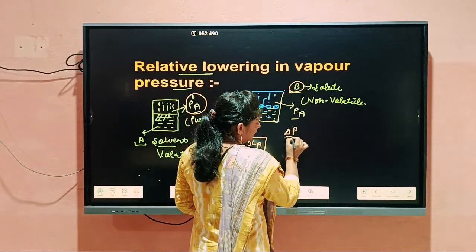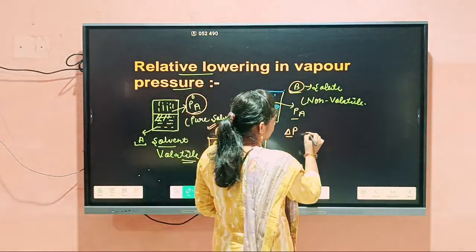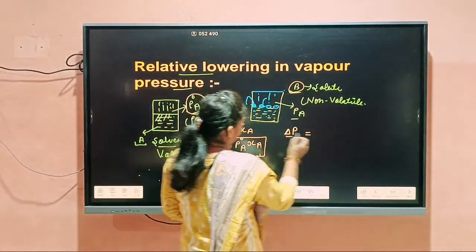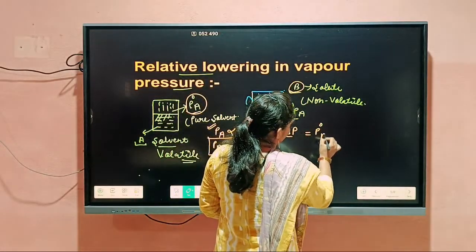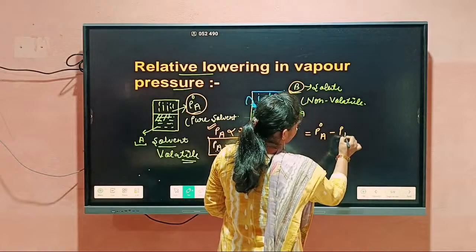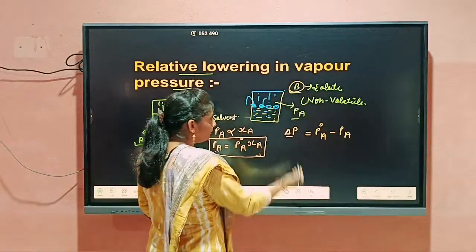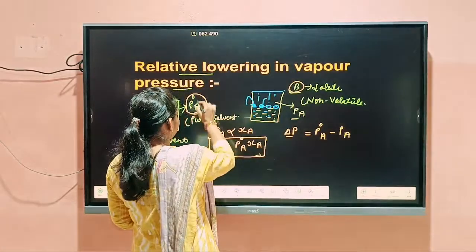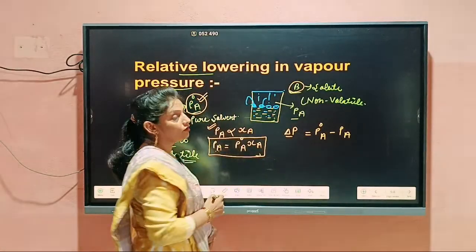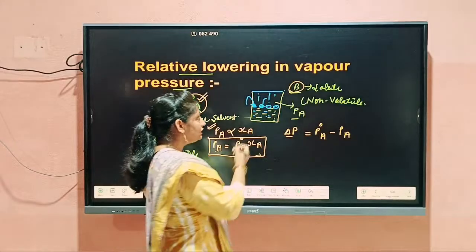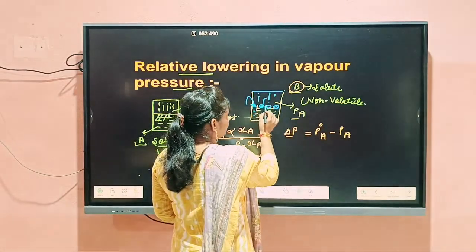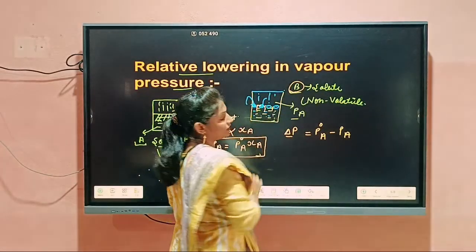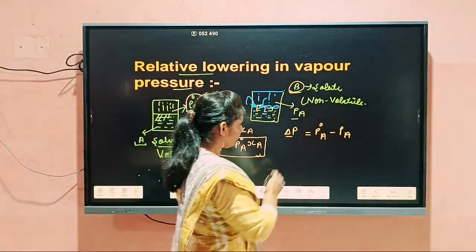So here the change in pressure is P0 A minus PA, because the pressure of the solution is lower compared to the pressure of the solvent in the pure state, because it lowers the number of solvent particles at the surface of the liquid. Okay.